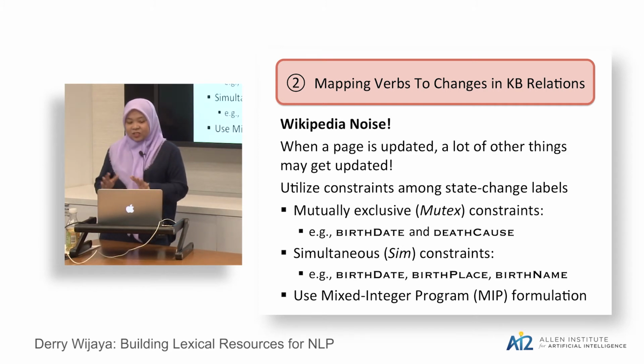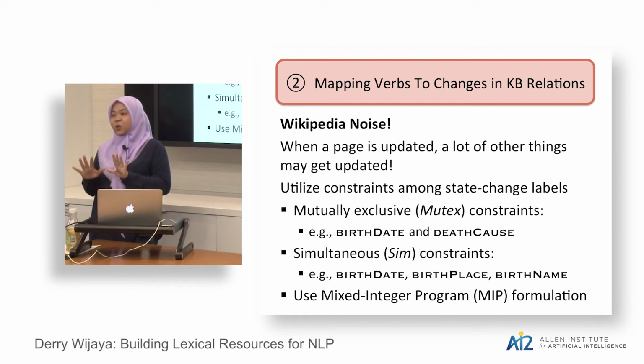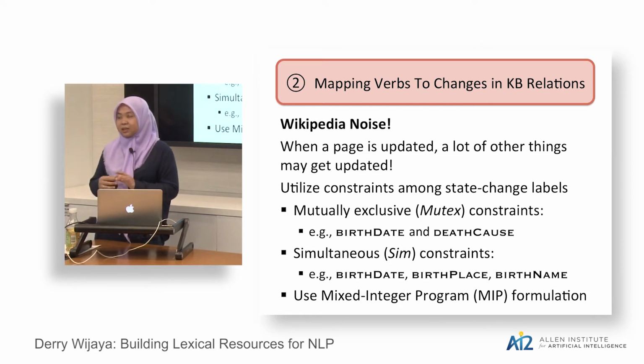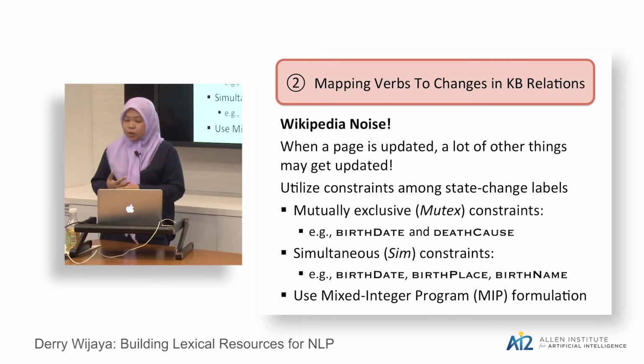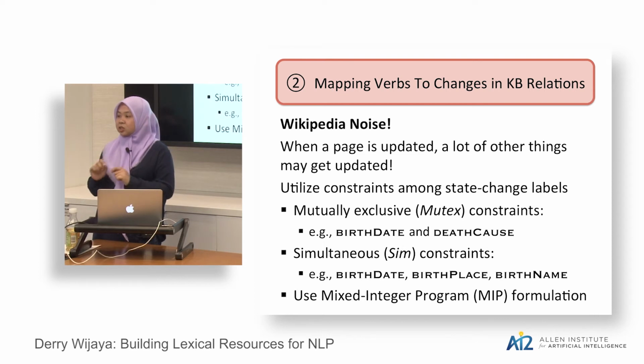However, as usual, Wikipedia is very noisy. When a page is updated, like somebody died, for example, or somebody got married, a lot of other things in the info box can get updated. So to deal with this noise, we also added constraints such that we can get a better, more consistent verb feature to state change mapping.